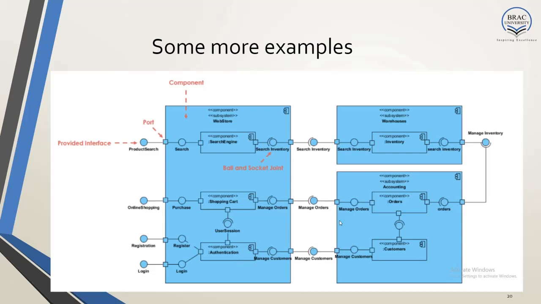So basically that's how each of these components are interconnected. Whenever someone requires some functionality, it shows it through a required interface, and another component is providing that through a provided interface. So that's how the connection happens between each of these components.